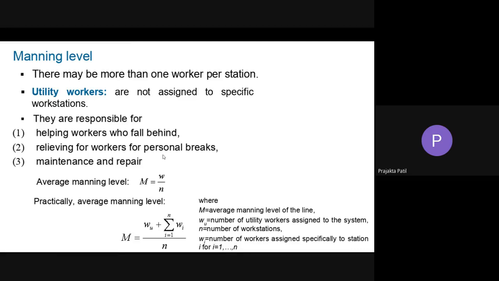So even a fully automated multi-station manufacturing system is likely to have one or more utility workers who are responsible for keeping it running. If you say that a system is completely automated, there too you will see these utility workers who are necessary, who basically help in keeping the complete automated system running.